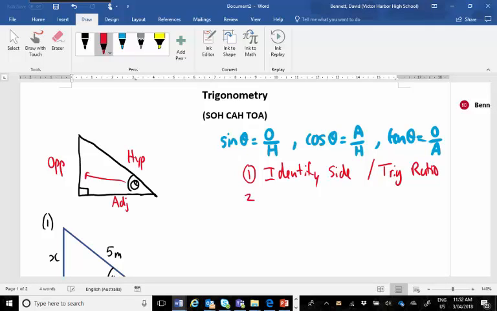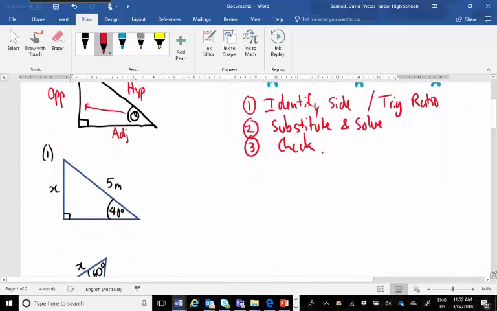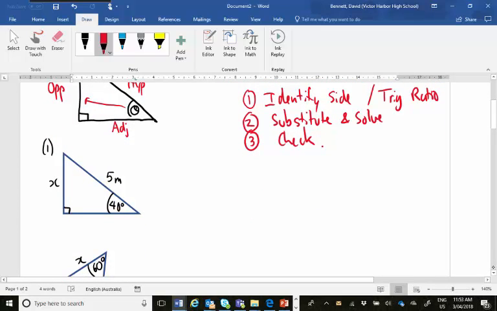Then we substitute and solve. And the third thing we want to do is check to make sure that it makes sense. Okay, so let's go through some examples. I think the best thing is to just do some.